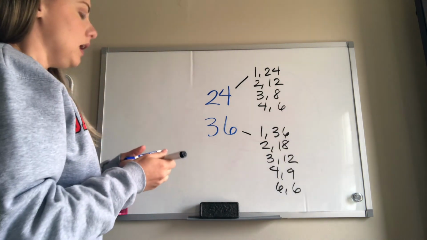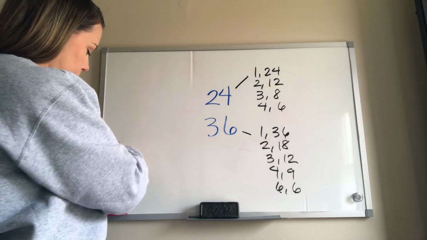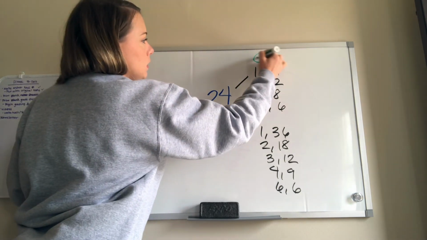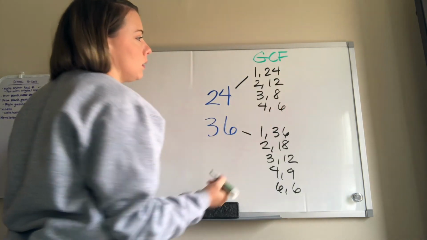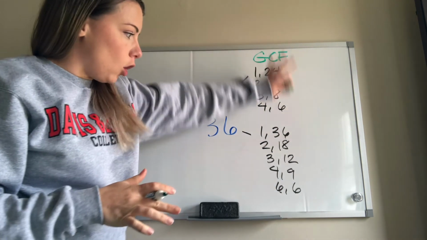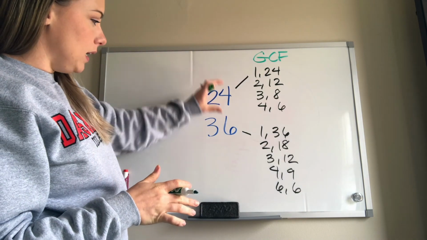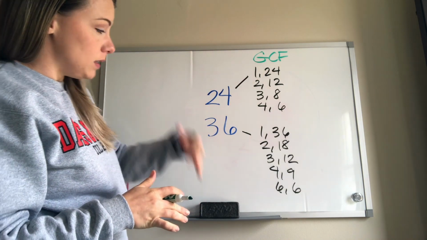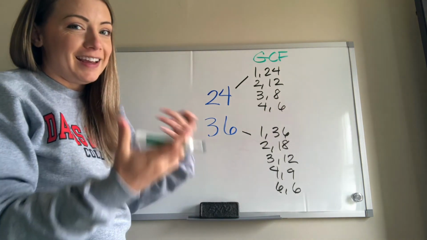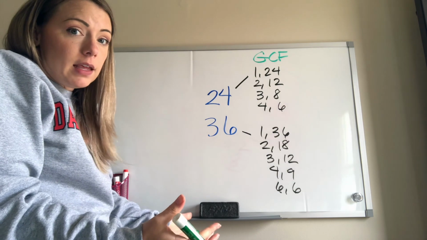Now, if I want the GCF, I'm looking at these numbers for the greatest common factor. These are all the factors of each number. These are all the numbers that can divide 24 and 36, because these are the numbers that can create 24 and 36 using multiplication. Therefore, they can divide into them.